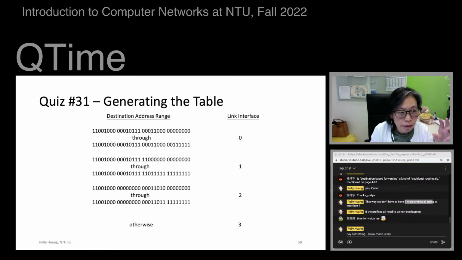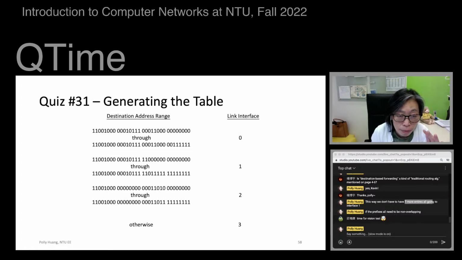Generating the table. The first entry shows exactly all the IP addresses, without doing the longest prefix match. If you want to do the longest prefix match, how should you change this table so that you're only showing the prefix? Let's start from the third octet: 1000, and for the fourth octet, 00.